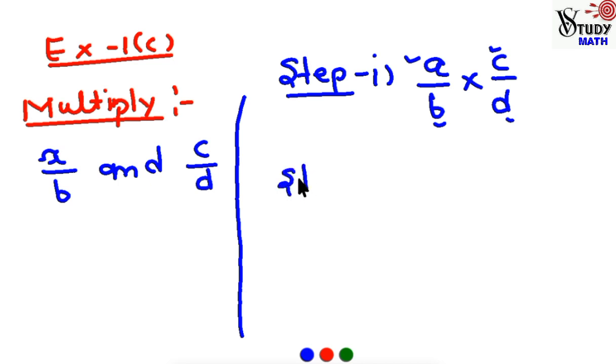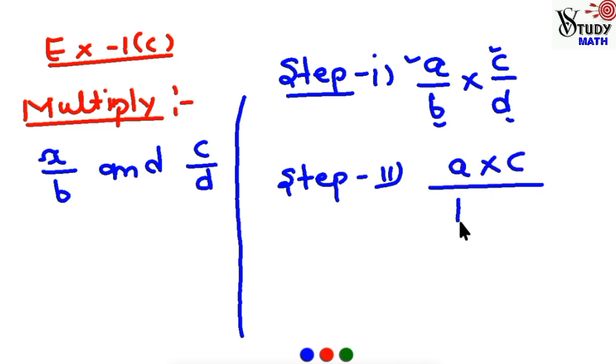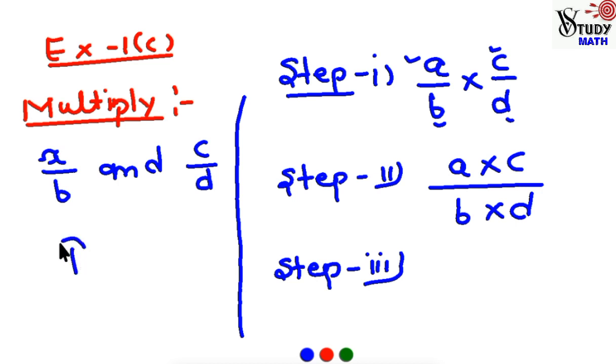My second step is that numerator will multiply numerator and denominator will multiply denominator. Now the third step, we have to make sure our answer is in the standard form. Standard form of a rational number says that there should be only one as the common factor between numerator and denominator.